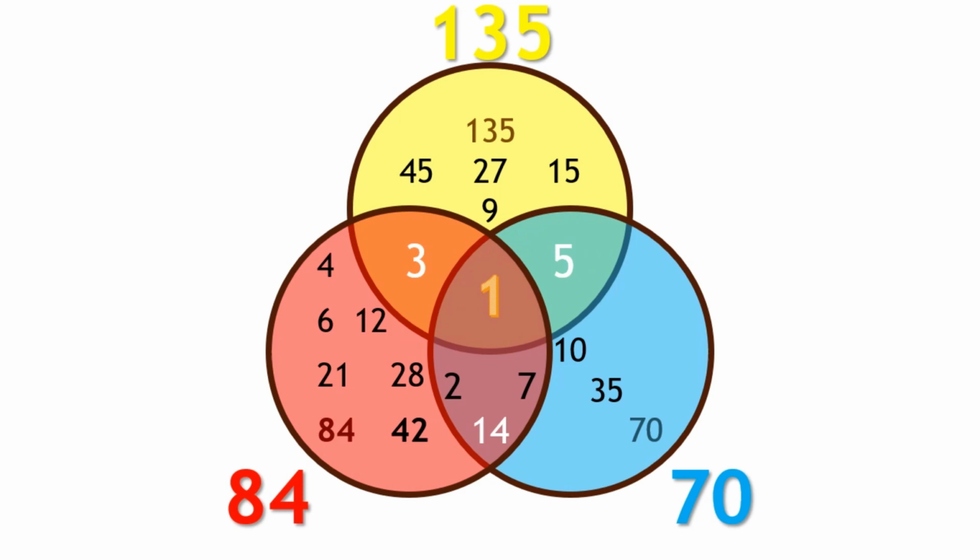Finally, 1, 2, 7, and 14 are the common factors of 84 and 70. And this means 1 is the only common factor of all three numbers. Therefore, also leaving it as the highest common factor.